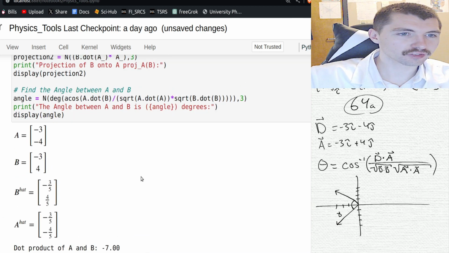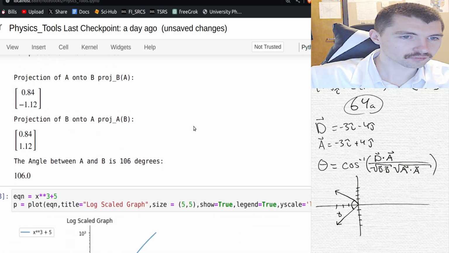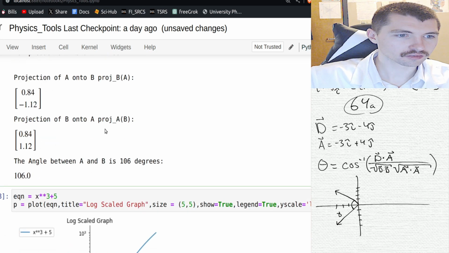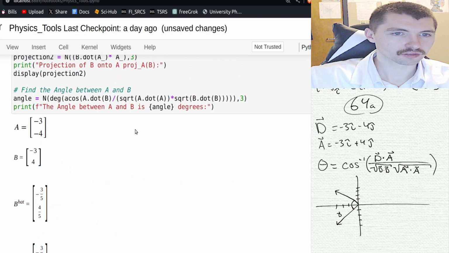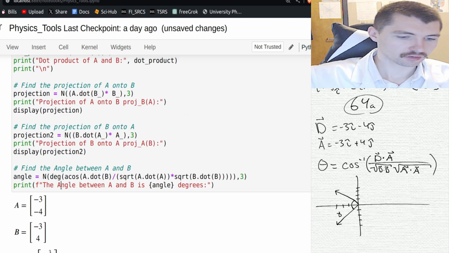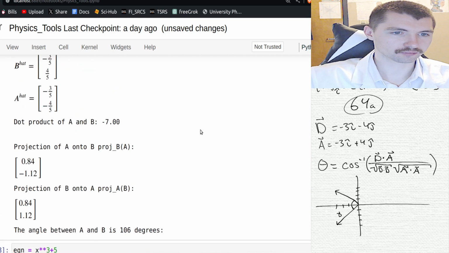Do I need an F in the beginning? 160. There we go. Jeez. All right. The angle between A and B is 106 degrees.